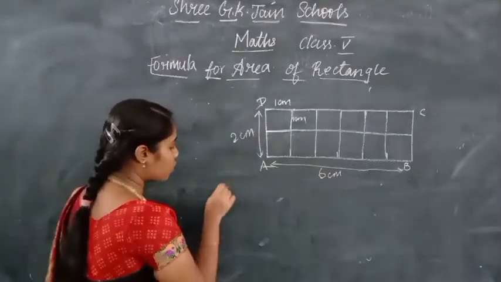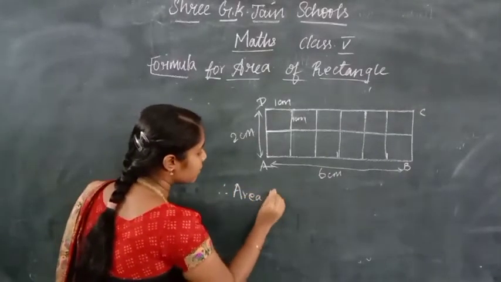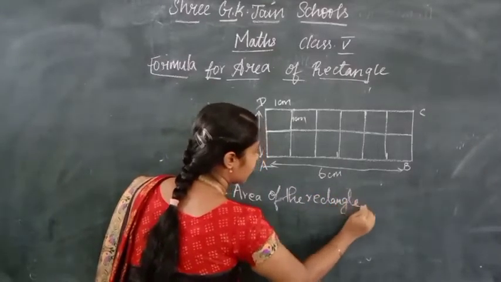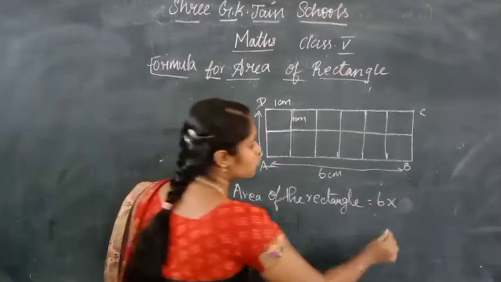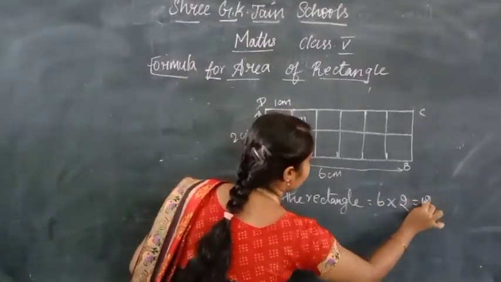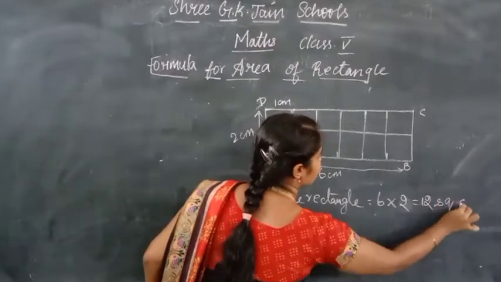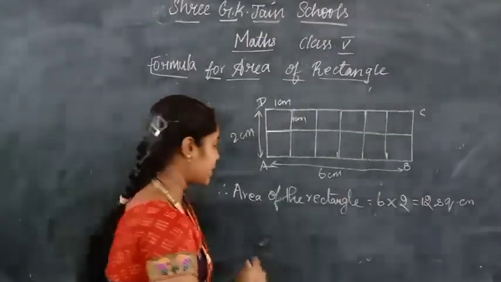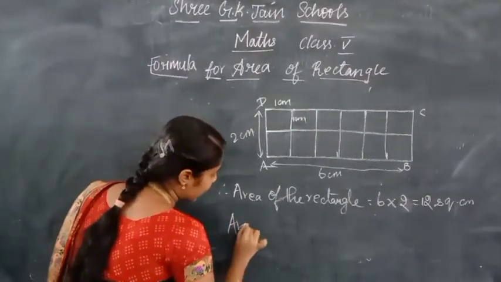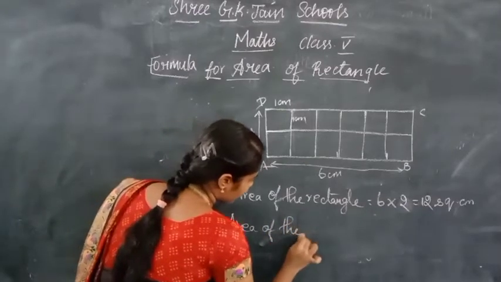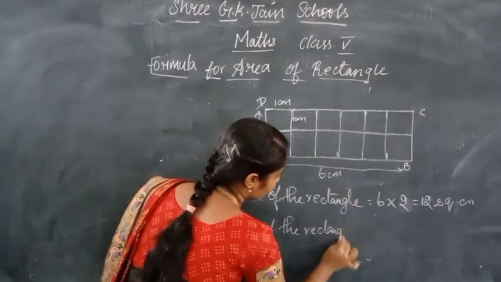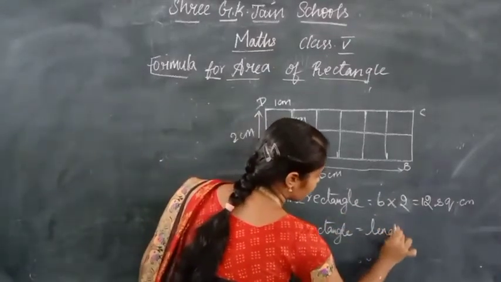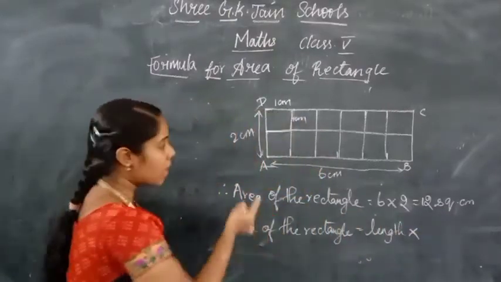Therefore, the area of the rectangle is equal to 6 into 2, which is 12. What is the unit? Square centimeter, right? So from this we can write the formula for the area of a rectangle as: area of a rectangle is equal to length, 6, into breadth, 2.